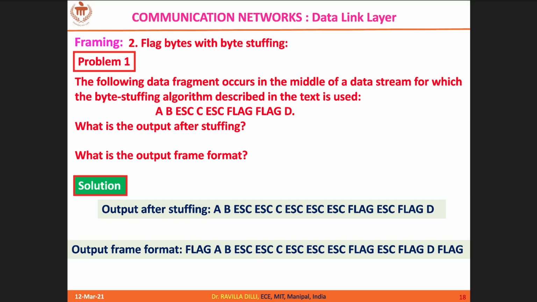Okay, so if you understand this properly, I am giving you something like MEETING. This is the data I am giving you, and capital E is your escape character, and M is your flag character.